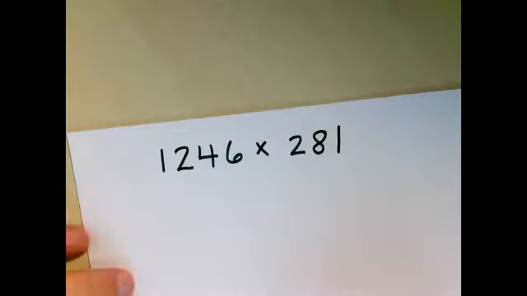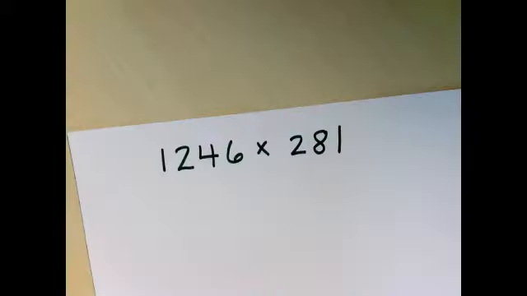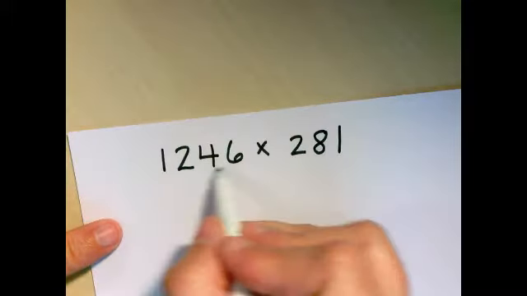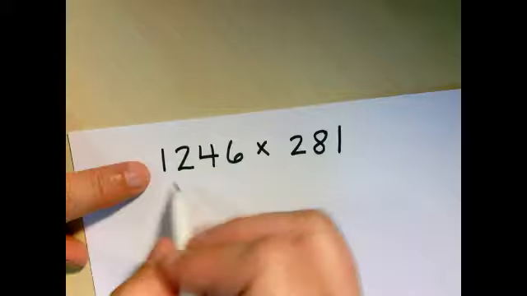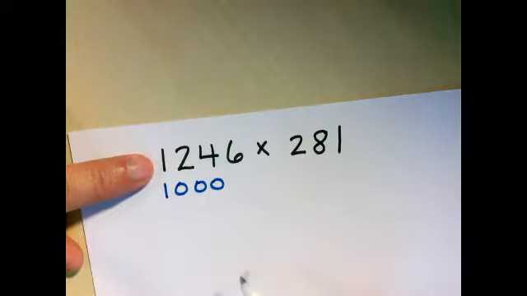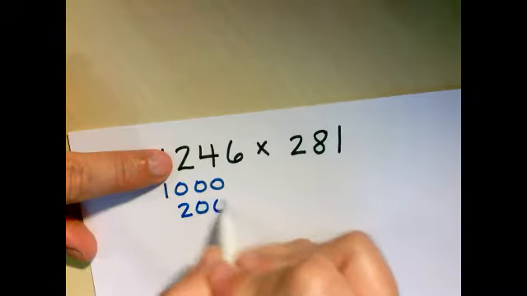So let's use 1,246 times 281. And let's first of all break this up into place values. So I can see here that 1,246 has a 1 in the thousands place, so that's 1,000. There's a 2 in the hundreds place, so 200.